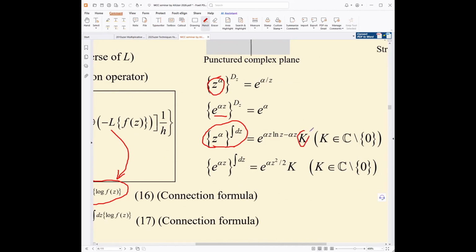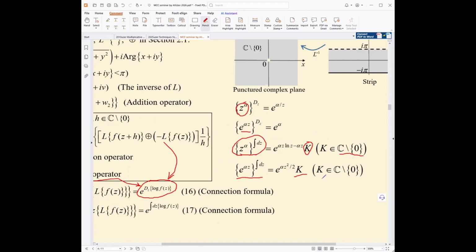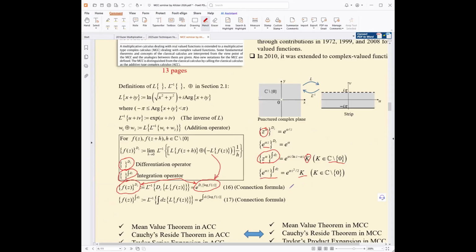This k is an arbitrary constant that should be an element of the punctured z plane. And the integral of an exponential function is equal to e to the power alpha z squared over 2. Again, k is a constant that should be an element of the punctured complex plane. And this is a short explanation for this new kind of calculus.